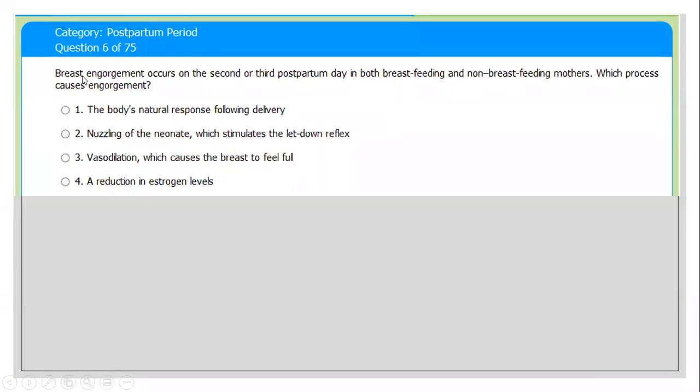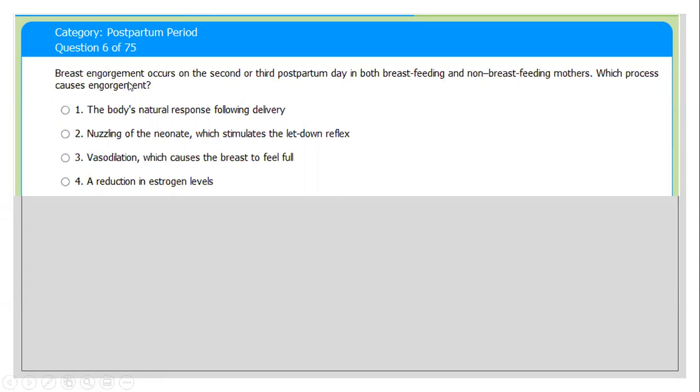Question: breast engorgement occurs on the second and third postpartum day in both breastfeeding and non-breastfeeding mothers. Which process can cause the engorgement? Number one, the body's natural response, the normal physiology.